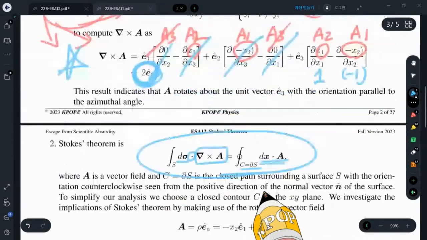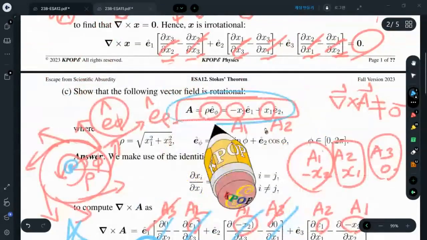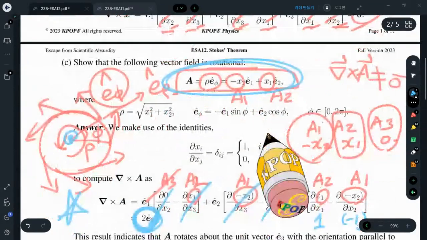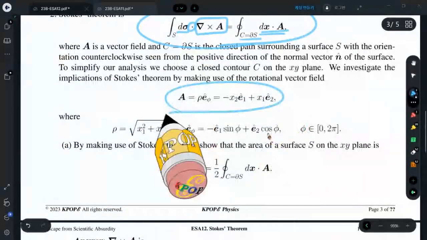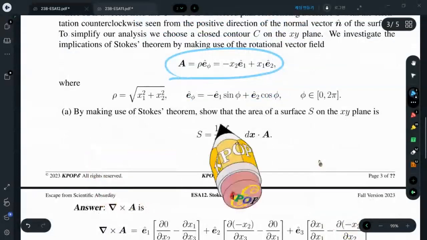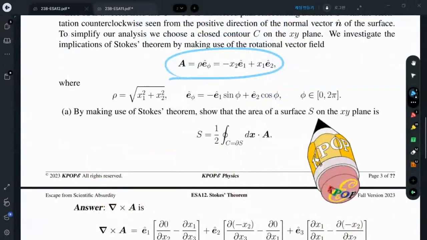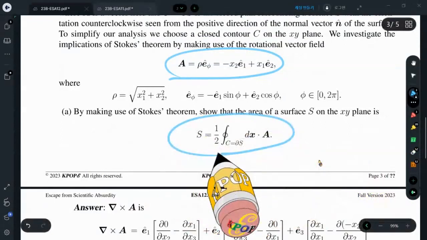Now we'd like to make use of the previous result, curl A, by making use of Stokes' theorem to show that the area of the surface on the xy plane is this. Let's see.